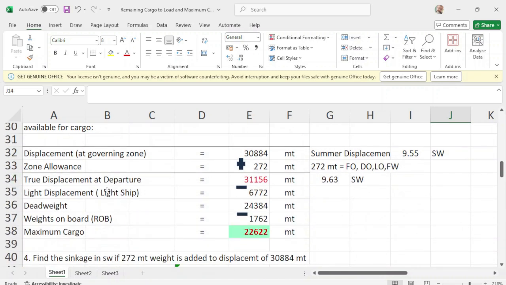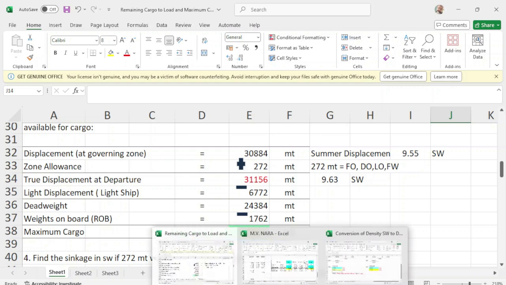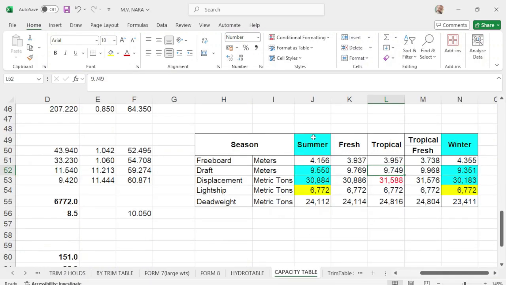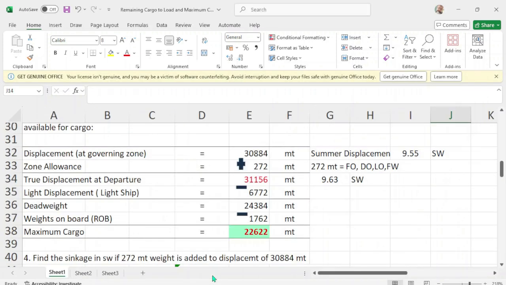So the governing zone is summer, and the displacement is 30884, and the draft will be 9.55. Take note of the draft. The summer draft is 9.55, which is in salt water.